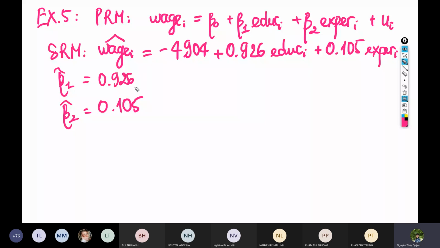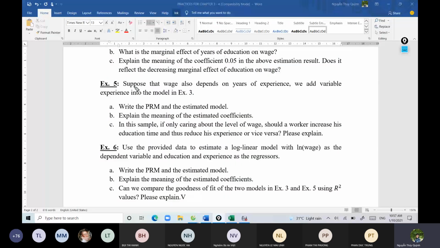And remember that when one independent variable is changing, the other one must stay the same. Okay, and question C: in this sample only, we just consider this sample only.